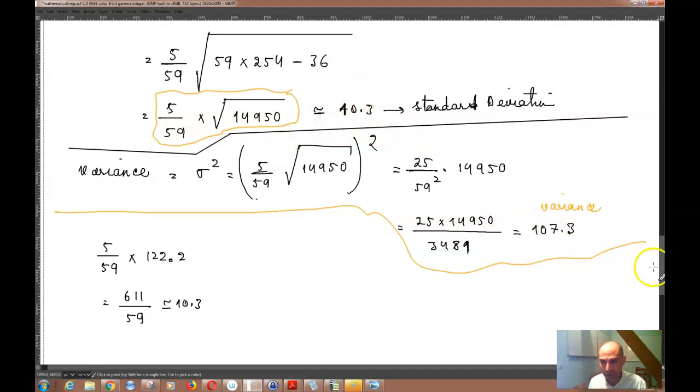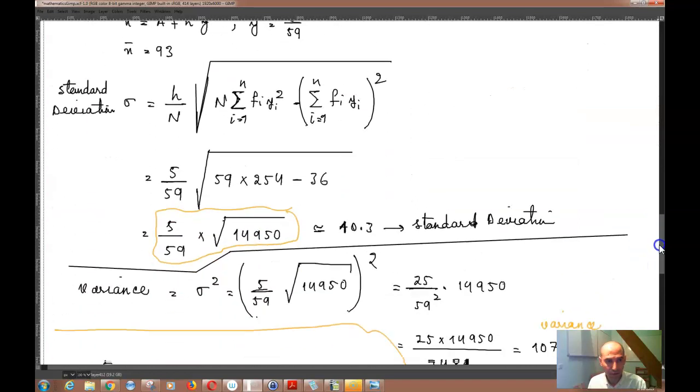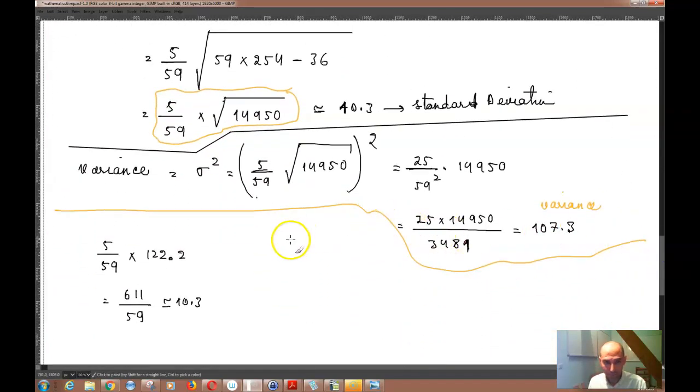Here that's 107, and the mean of the data was 93. X bar was equal to 93, and this was question number 9.